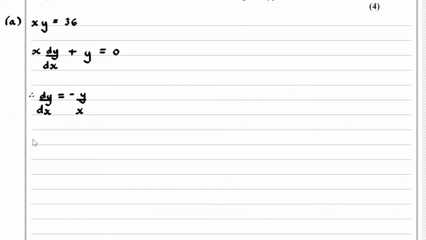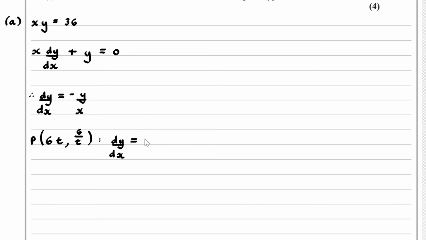Now, if I consider this point P with coordinates 6t and 6 over t, then what we can do with this is find out what dy over dx is at this point. So dy over dx will equal, at this point, well, we've got y, which is 6 over t, and we've got x, which is 6t.